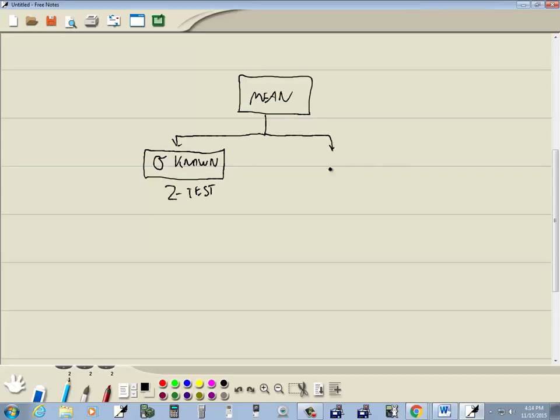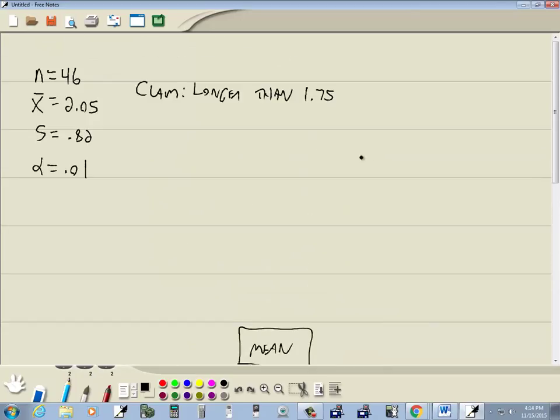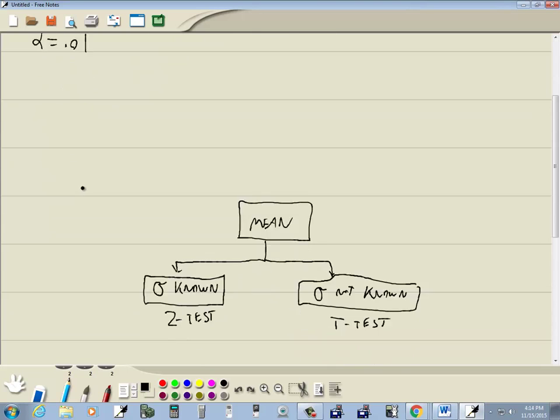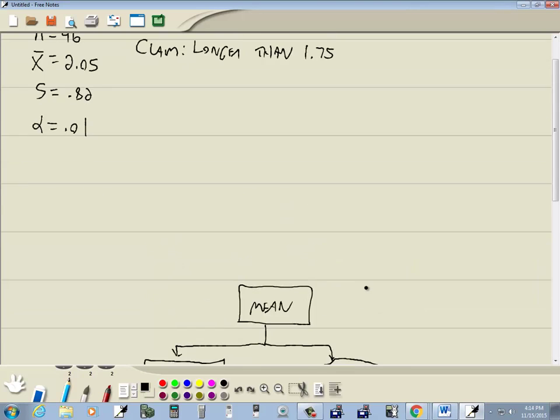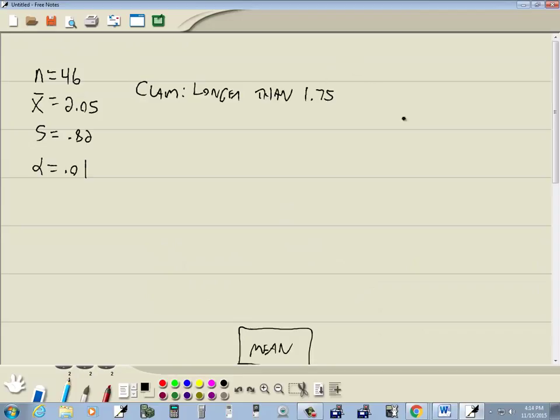And one of them is where sigma is not known, and this is where you'd use a t-test. Now, sigma is our population standard deviation. So if we come up here, nowhere are we given sigma, which means sigma is not known, so this will be a t-test. Keep that in mind.